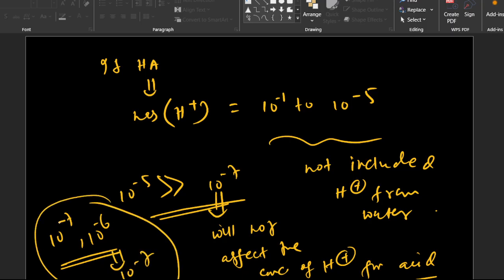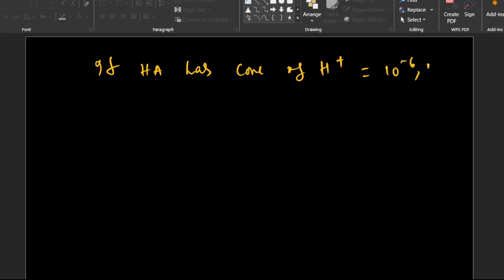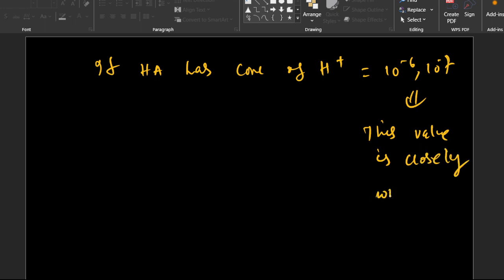So for this case, if HA has a concentration of H plus equal to 10 raised to minus 6 or 10 raised to minus 7, then this value is close to the H plus concentration of water.